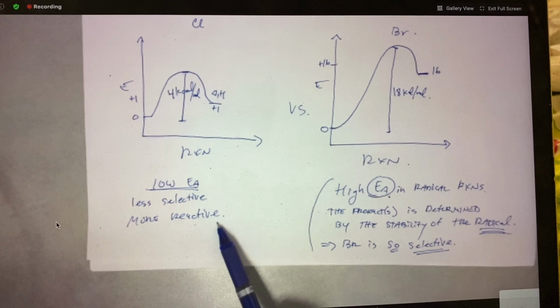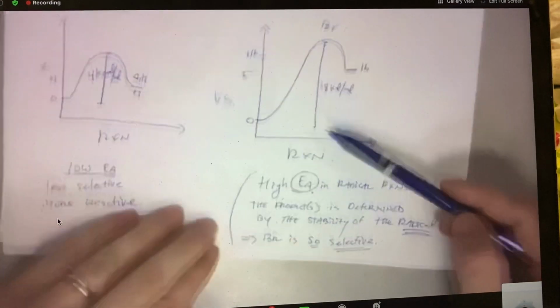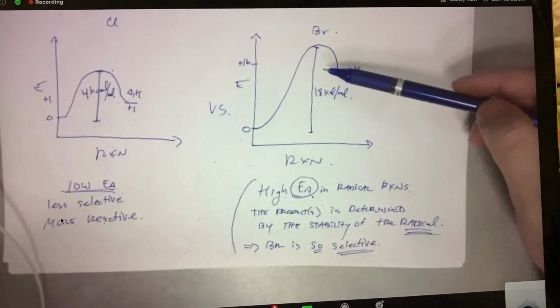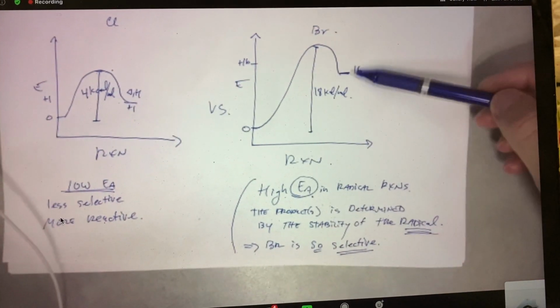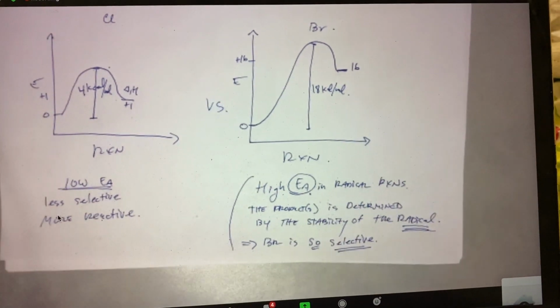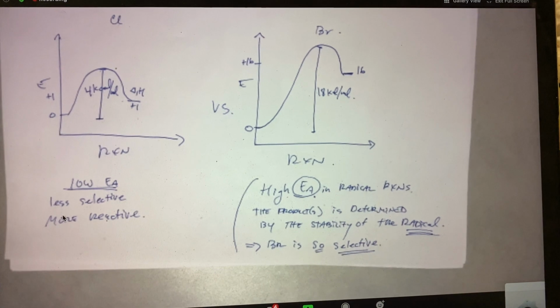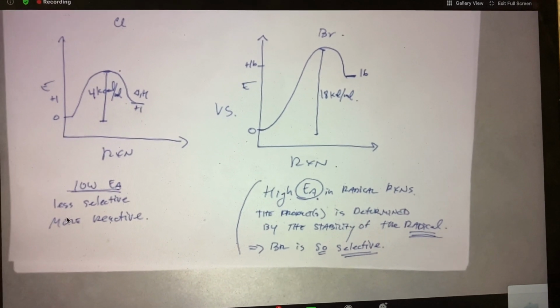It reacts everywhere. If we have methylcyclohexane, there's a tremendous activation energy barrier here, much higher than here. And so only the most stable radicals will form with this high activation energy barrier. We don't really have time to give this the full amount of time to digest in such a fast summer course.